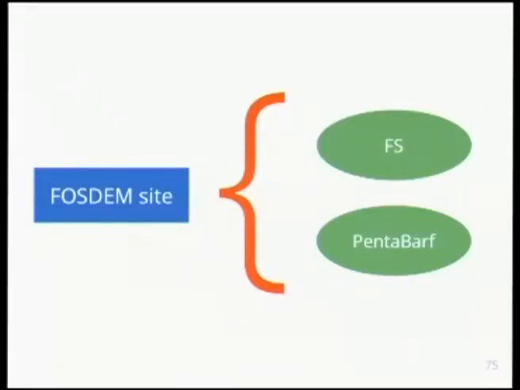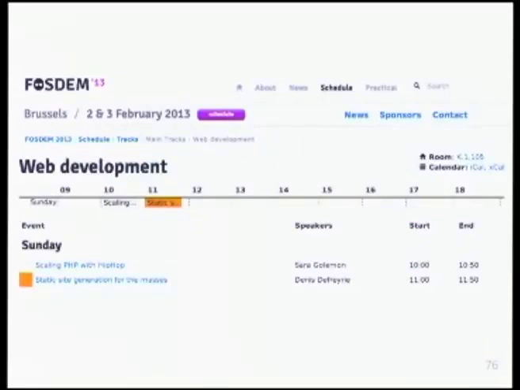It basically stores speakers, rooms, tracks, events, anything. That's one database. And the FOSDEM website has a data source that loads the data from the Pentabarf system, and then generates HTML like that, so you have all that data available in Nanoc.